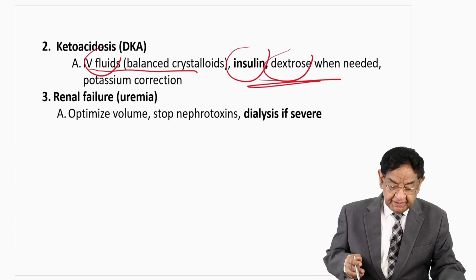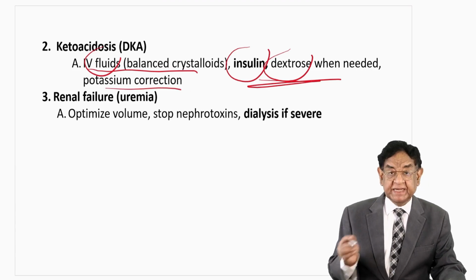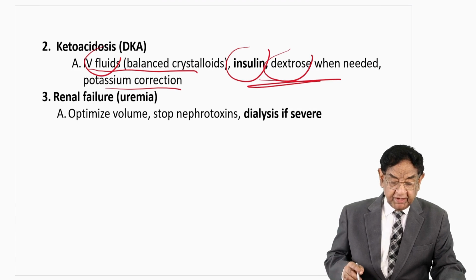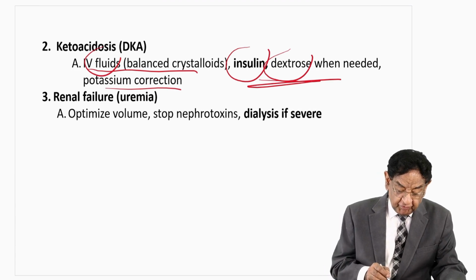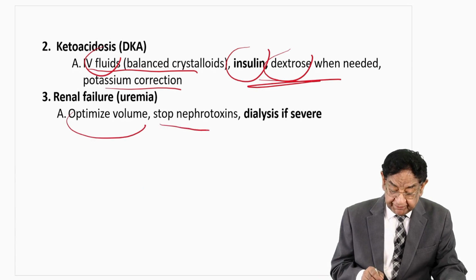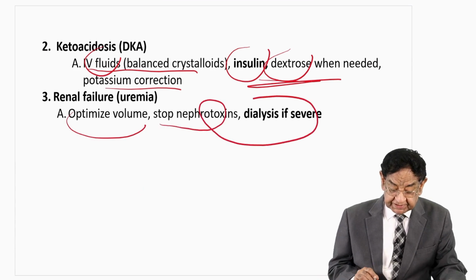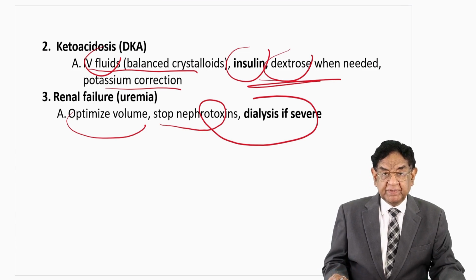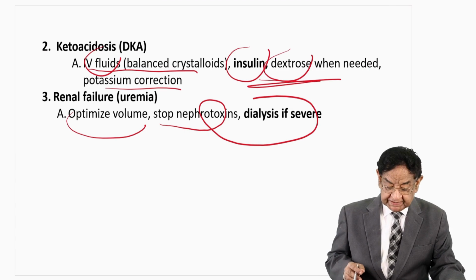Even potassium correction is needed in the later stage, although the patient initially comes with hyperkalemia. Now, renal failure, uremia: optimize volume, stop nephrotoxic drugs, and dialysis if serious. Definitely in severe uremia or renal failure, the ultimate treatment is dialysis.